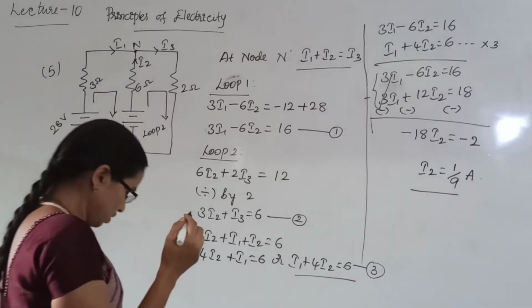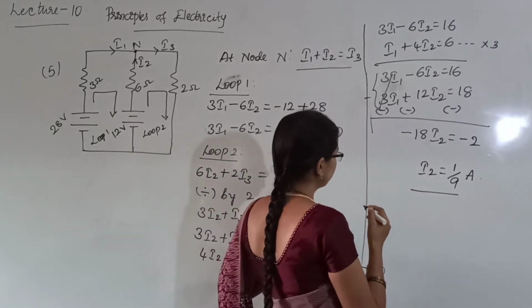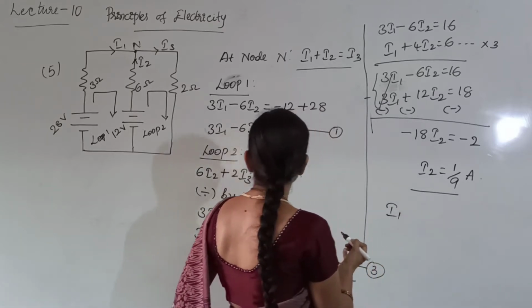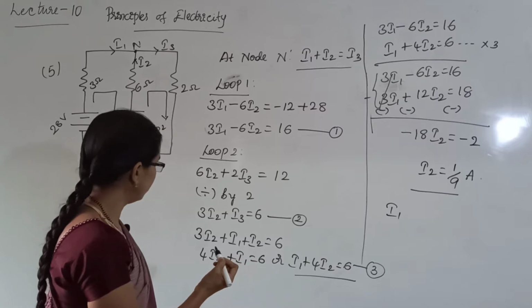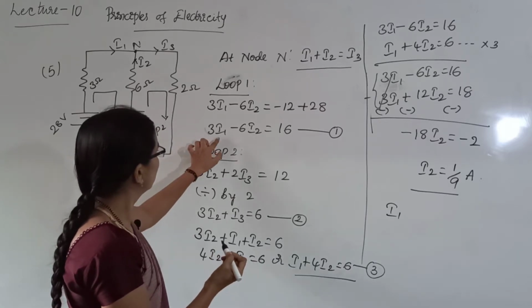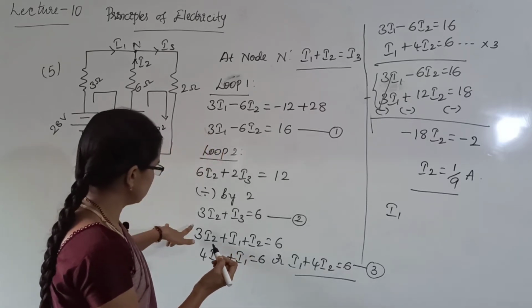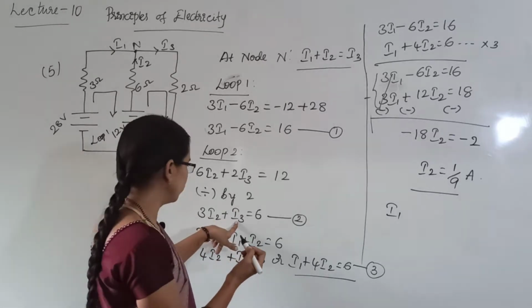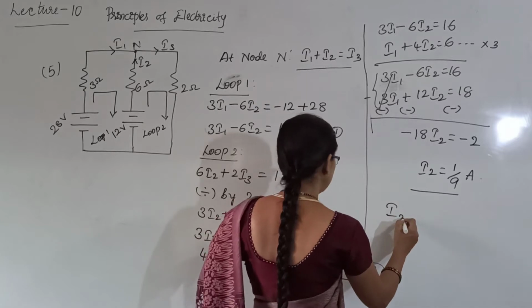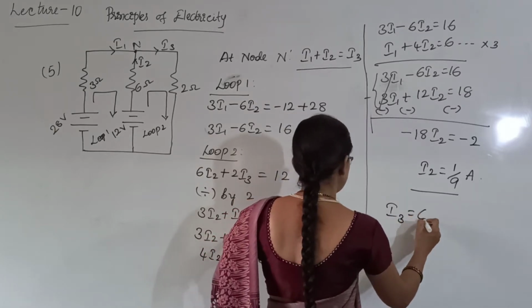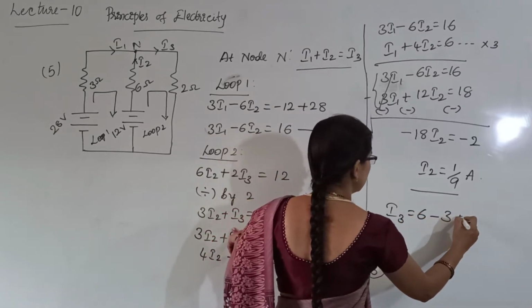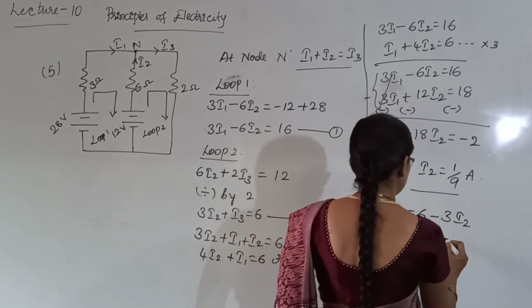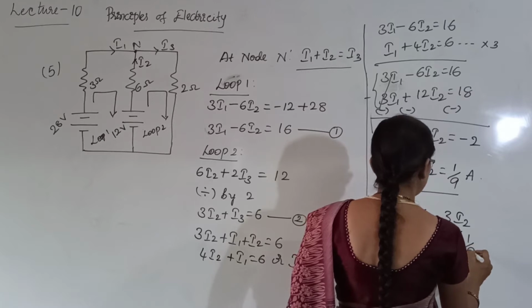Next, find out the I1. Which equation will we take for I1? Which one is easier? Take that. Otherwise, we have got I2. It is easy to find I3 here. I3 is equal to 6 minus 3I2, 6 minus 3 into 1 by 9.